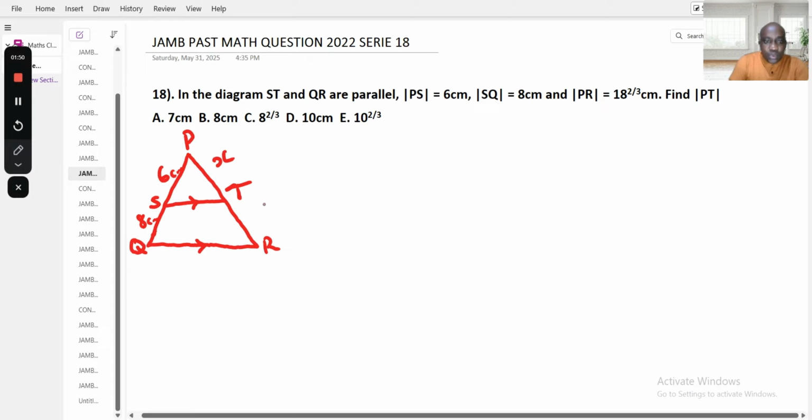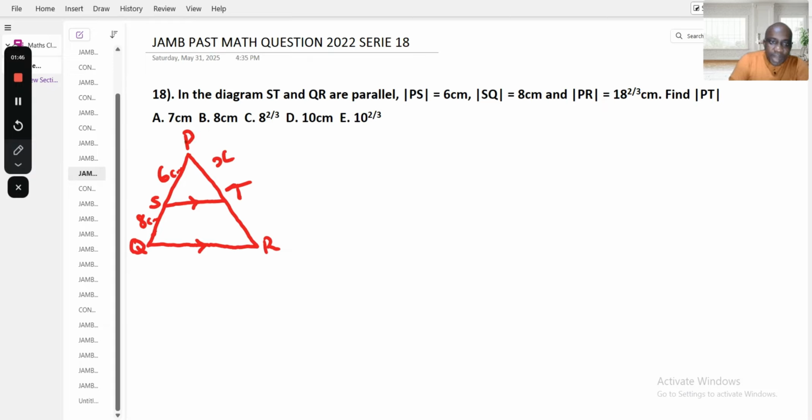Now, to solve this question, we are going to use one formula, because PX over PQ is the same thing as PT over PR.